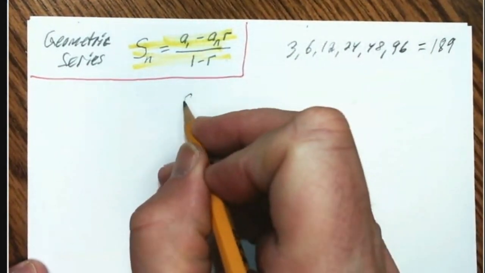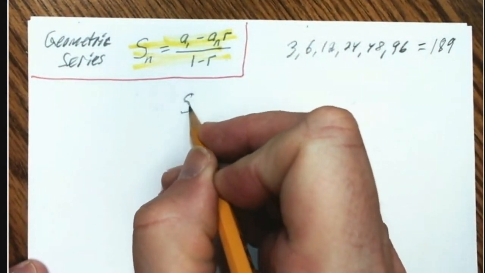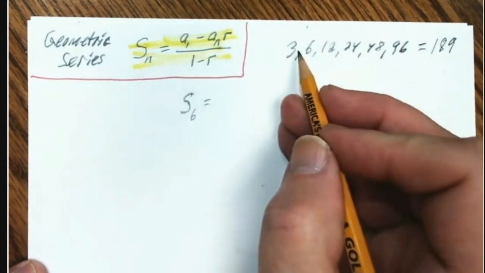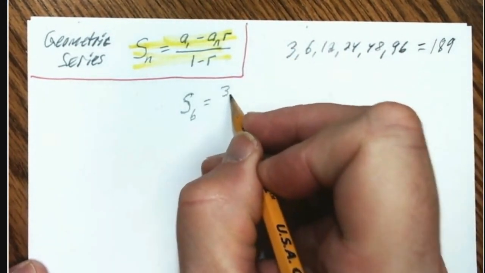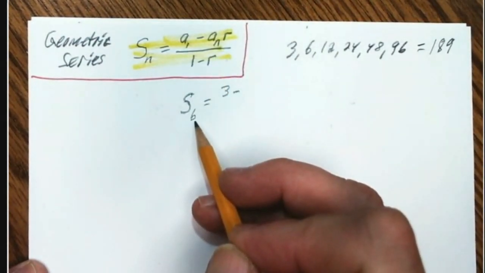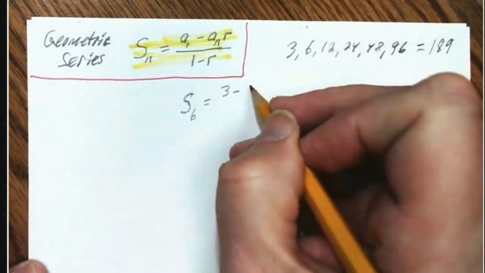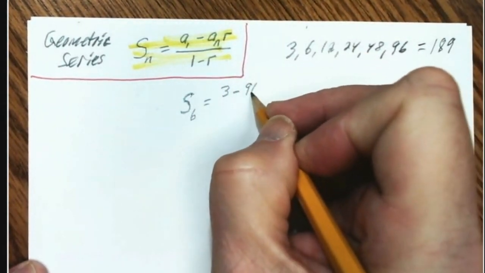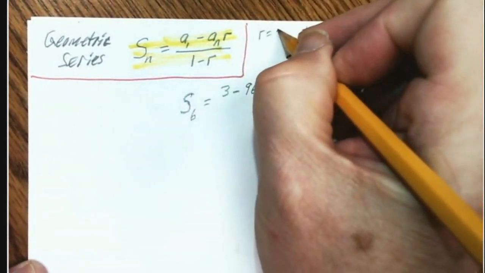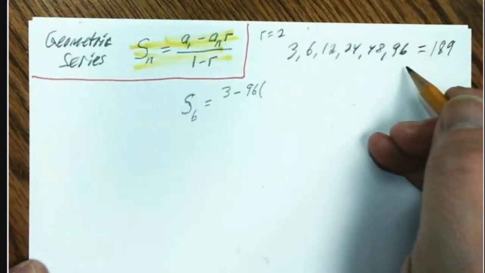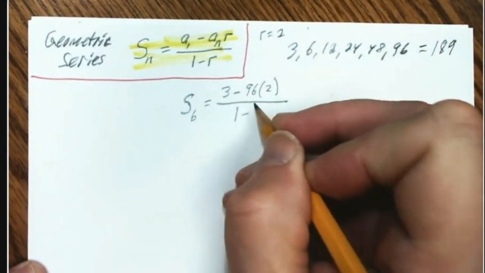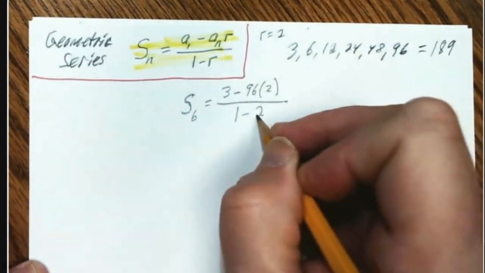So the sum of the first 6 terms: A1, the first term, which is 3, minus A sub n, which A sub 6 is 96, times our common ratio. Well, our ratio is 2 because it's multiplying by 2 every time. All over 1 minus the ratio again.